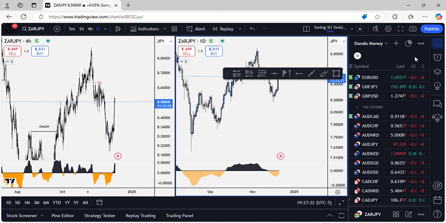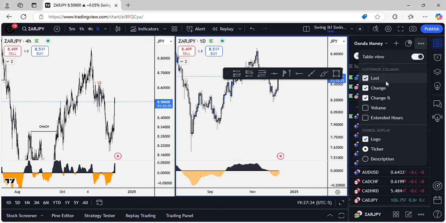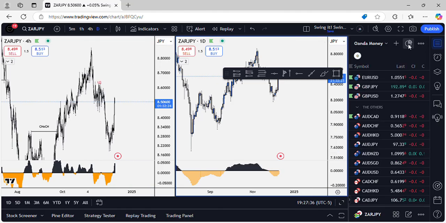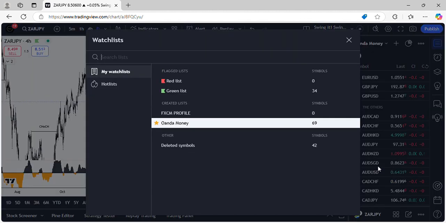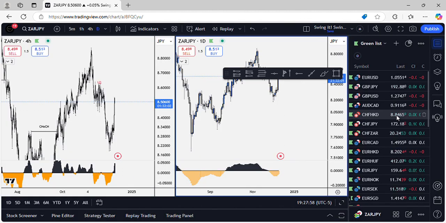Where are the flag colors? That is super weird. TradingView be changing it up a lot. I don't know how I would just get to add section, rename. Okay, so 34 pairs flagged.